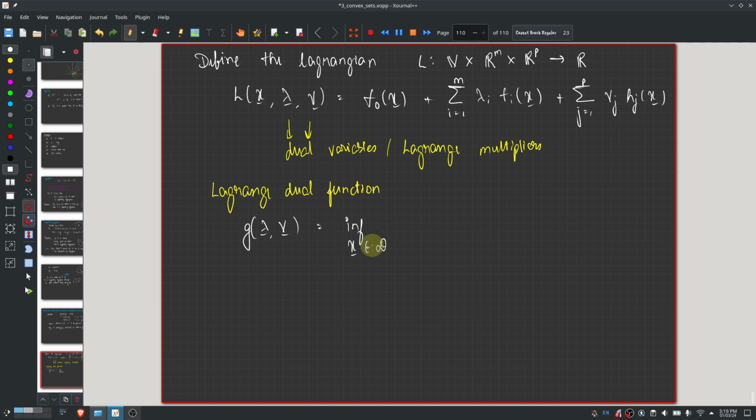It doesn't necessarily have to be a point that satisfies all the constraints. So in general, if all of these fi's are well defined on all of R^n, then the domain would simply be R^n. So this is the intersection of the domains of all the fi's and the domains of all the hi's. So this is the infimum of the Lagrangian.